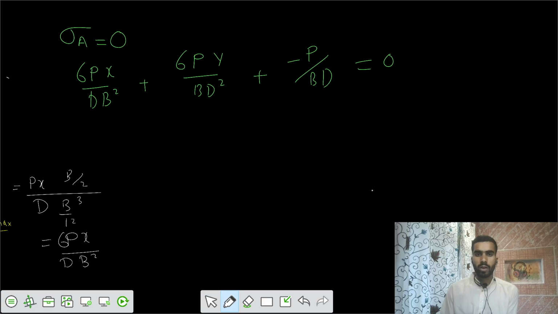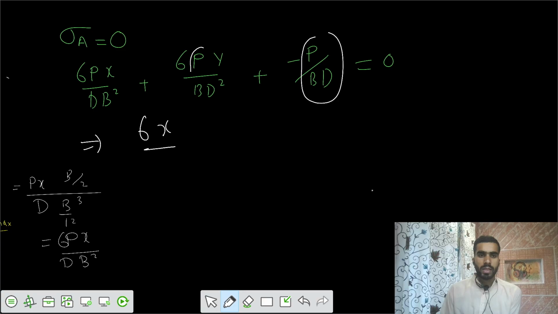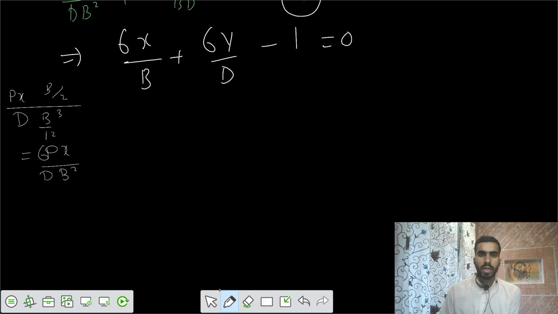So if we remove P by b d from all three, I would get 6x by b plus 6y by d minus 1 equals 0. So 6x by b plus 6y by d equals 1.